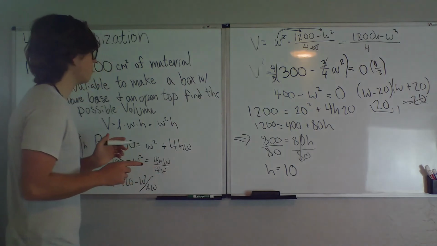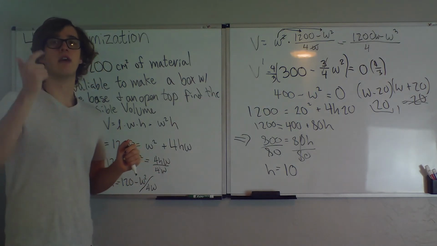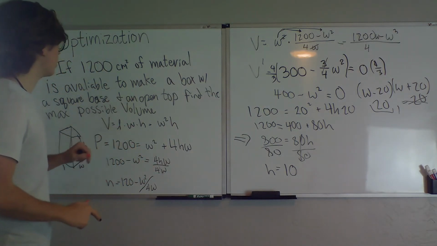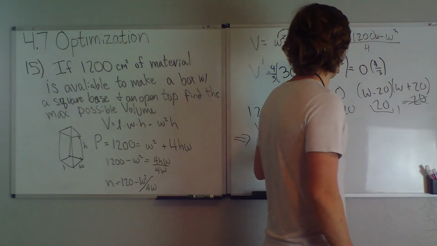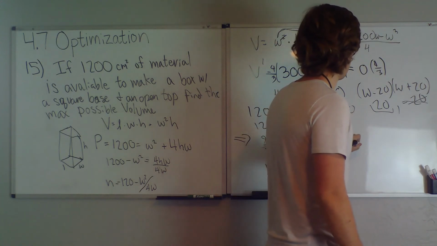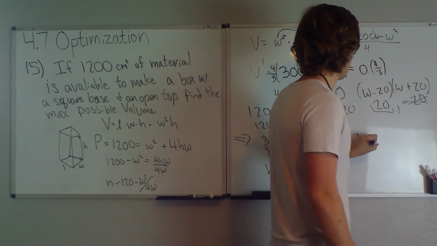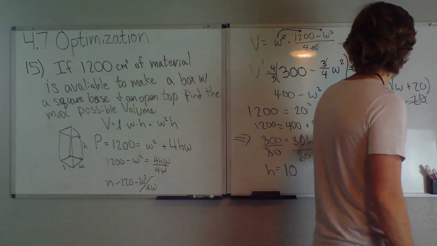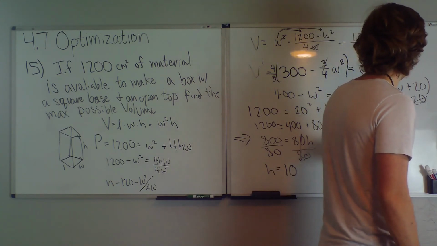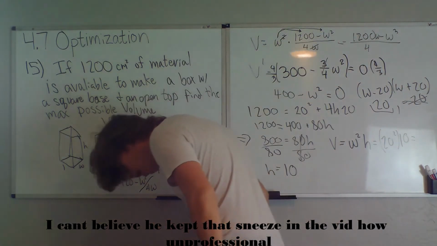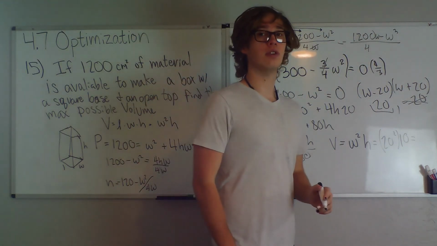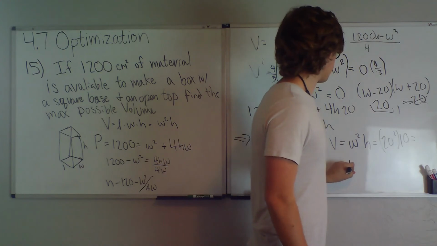Okay, we're almost done. We found our width and our height. Now we just plug it into our volume. Volume is equal to length times width times height, or W squared H, which is equal to 20 squared times 10, which is equal to 4,000.